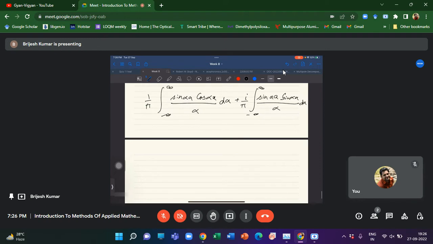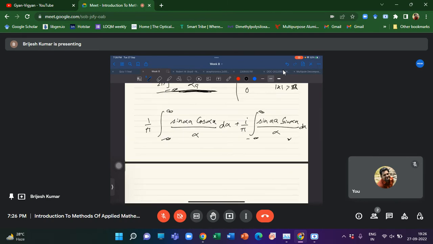So now the integrand in the second integral of this equation is odd, and so the integral is 0.